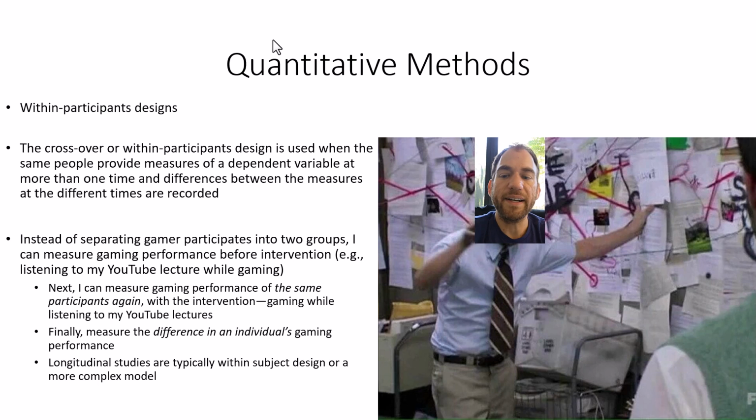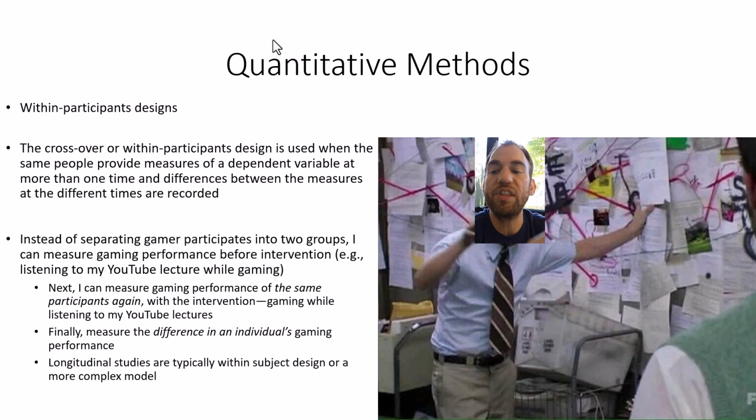Next, within participants' designs, the crossover and within participants' design, it's called either, is used when the same people provide measurements of a dependent variable at more than one time, and differences between the variables at different times are recorded. So before we had that cross-sectional design, wherein we collect data from participants one time and we never see them again.